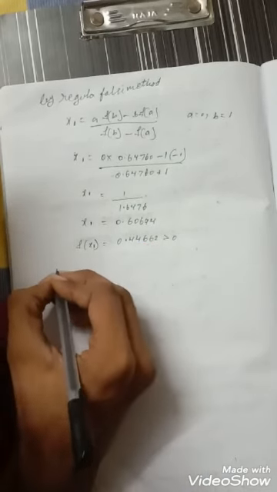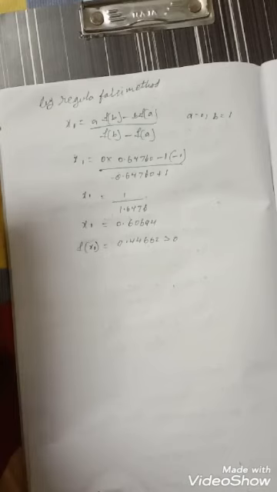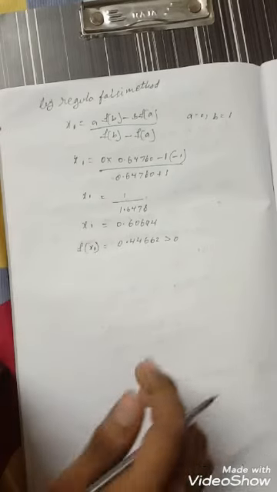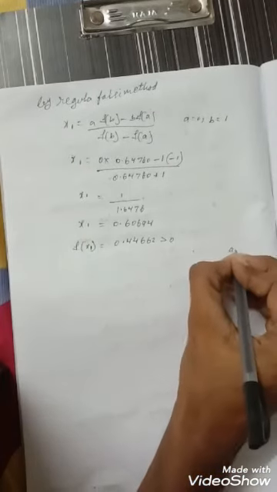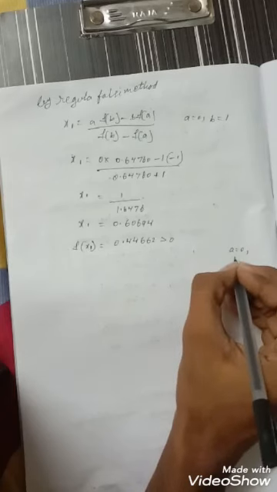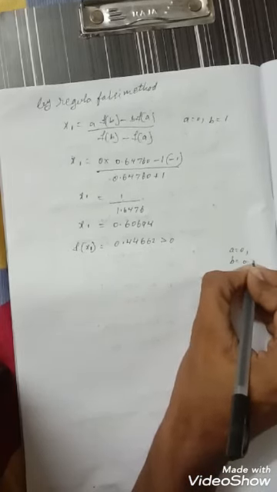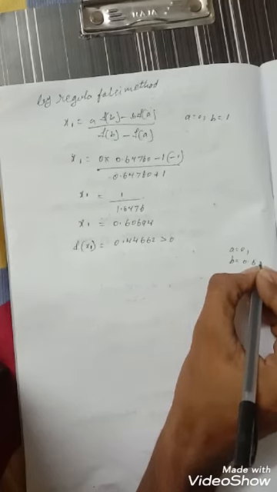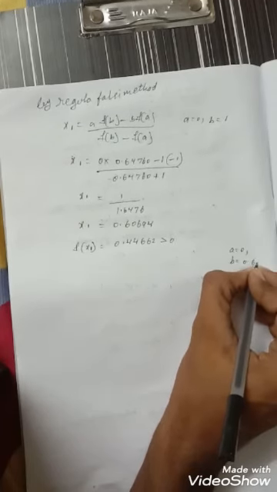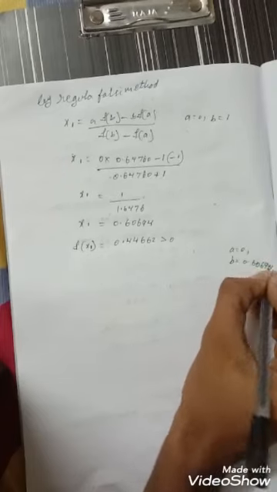Now we consider the negative value a as 0, and the positive value has changed, so b is 0.60694.